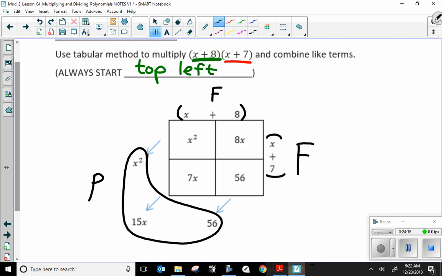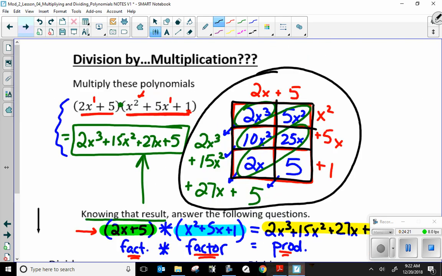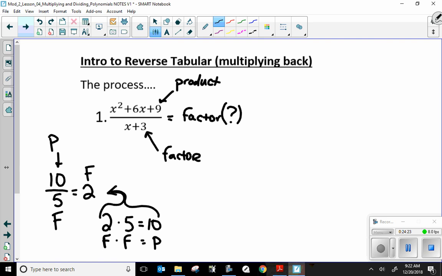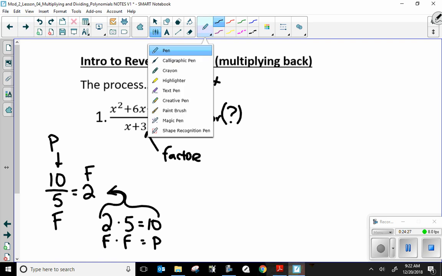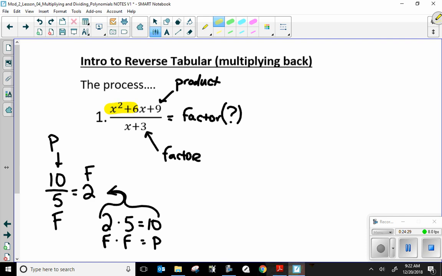Keep in mind that the outside is your product. So now let's go back to division. When I set this up, the top, the numerator, is my product. Okay, so you want to make a note somewhere here that the numerator is your product.